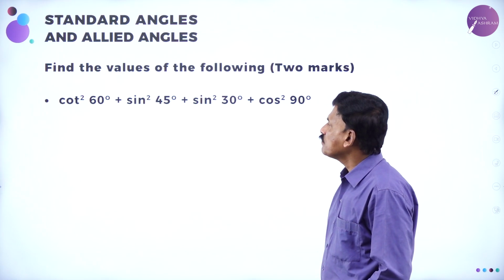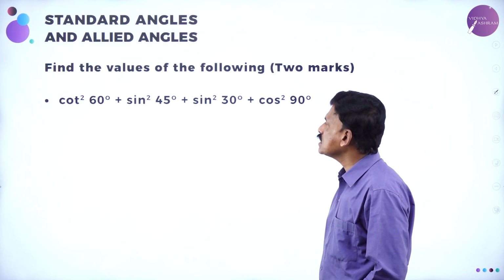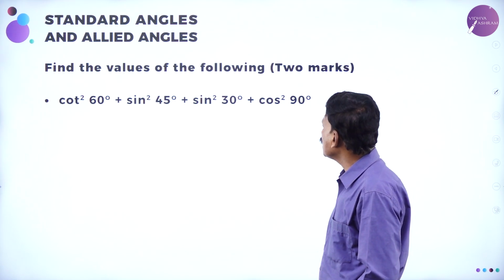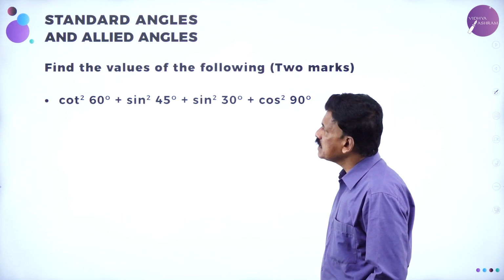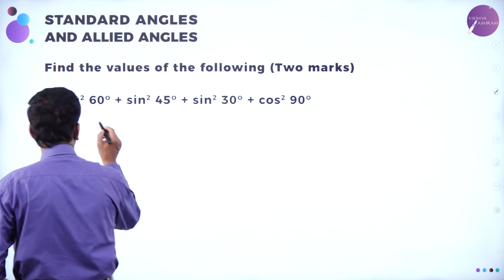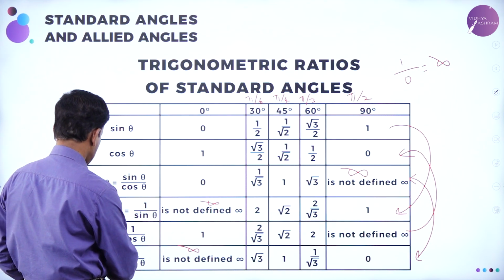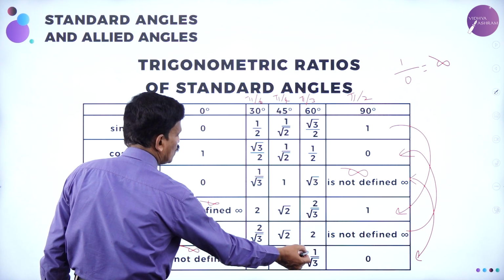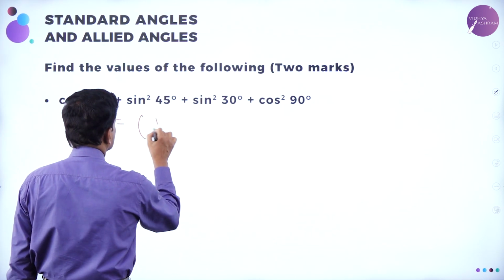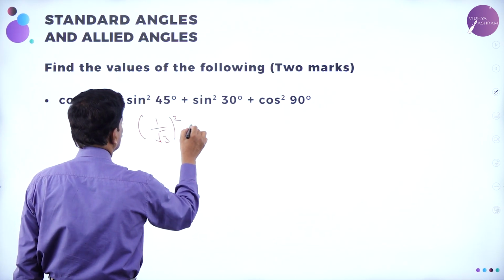Find the value of cot square 60 plus sin square 45 plus sin square 30 plus cos square 90 degrees. Now, the given equation can be written as: what is cot 60? Cot 60 is equal to 1 by root 3, so (1 over root 3) whole square.